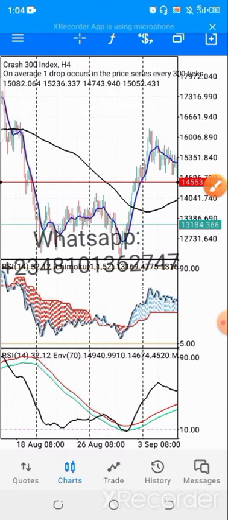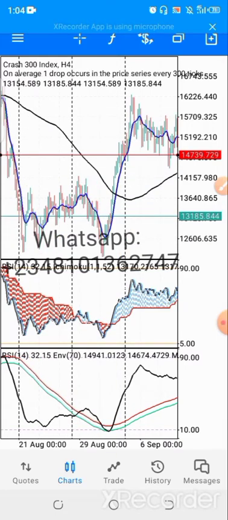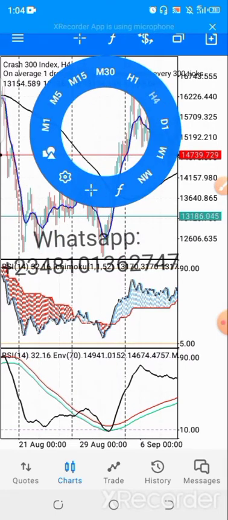So you always check most of these things before you jump in, if you're trading on Crash or even Boom, and you're using trend. You need to check where the market ranged the most, and then you can try and take advantage of that.